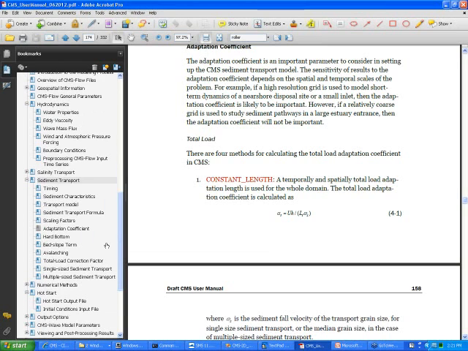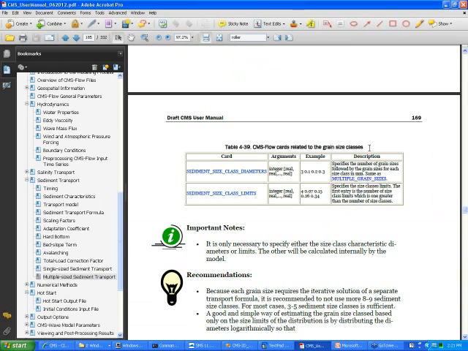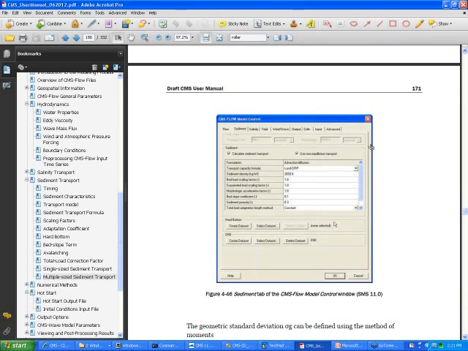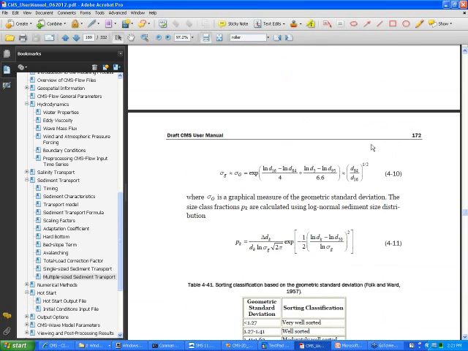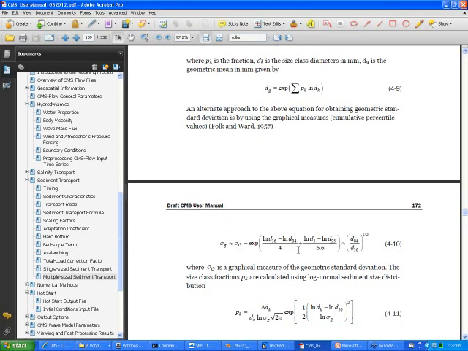If you go to chapter 4, section multiple size sediment transport, and you scroll down, here we define a couple of definitions for the geometric standard deviation. There's a graphical method, and then there's a geometric method for defining the sediment standard deviation. And those are given by equation 4-10.